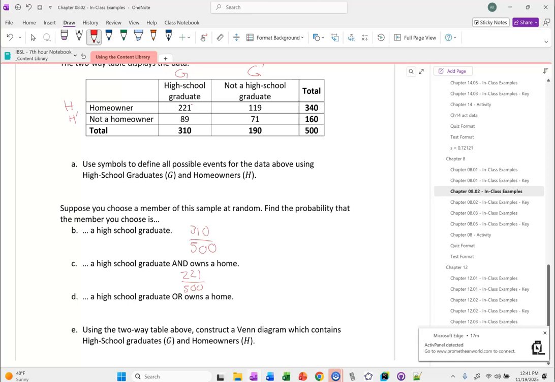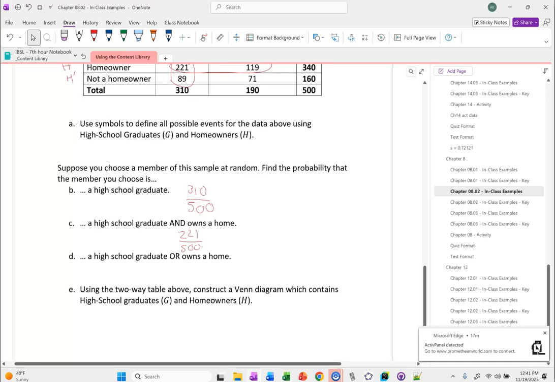What happened there? There are people that own a home and are high school graduates, so you have to subtract the 221. Yeah, you would have double counted the 221. Alternatively, you can just do it and add the 3. Is everybody okay with what we did there?